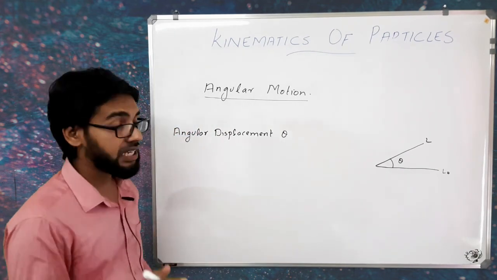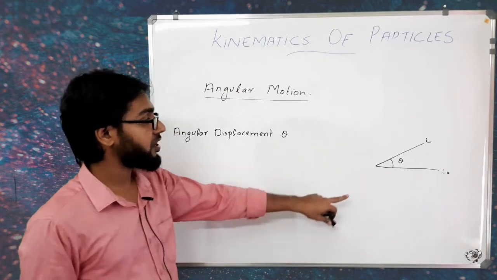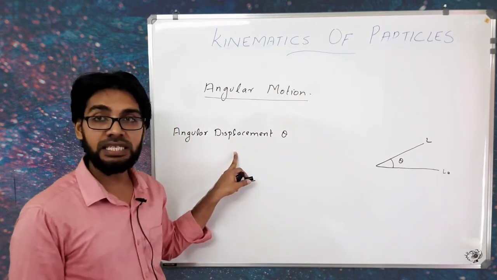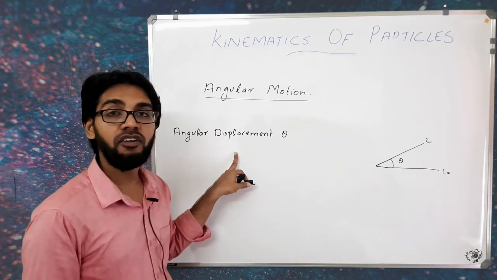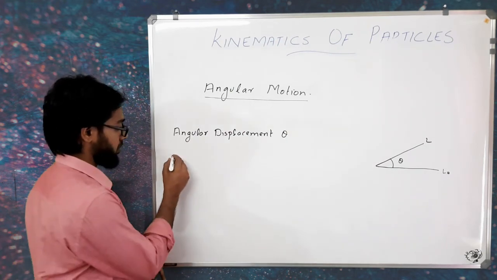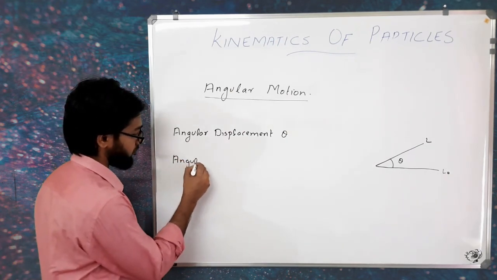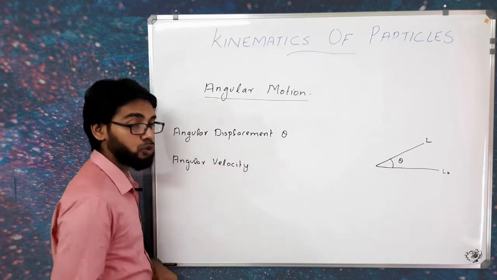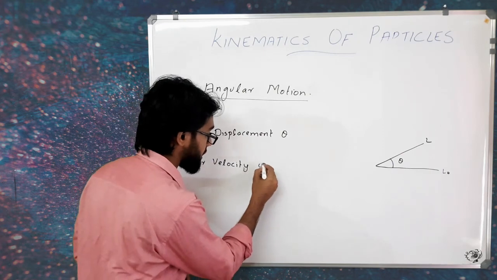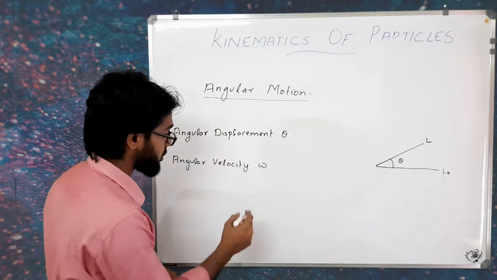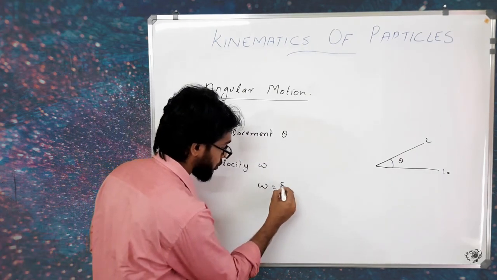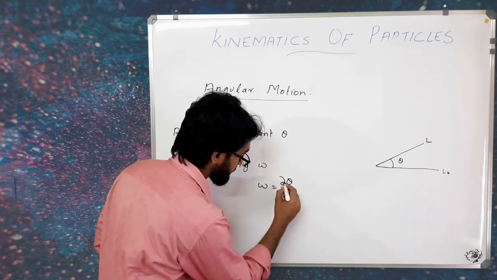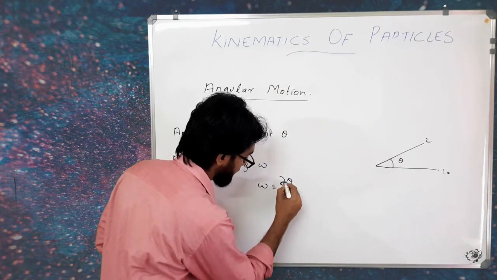Now, the rate of change of angular displacement theta is termed as angular velocity. It is usually represented by the term omega. As such, omega will be equal to d theta by dt.